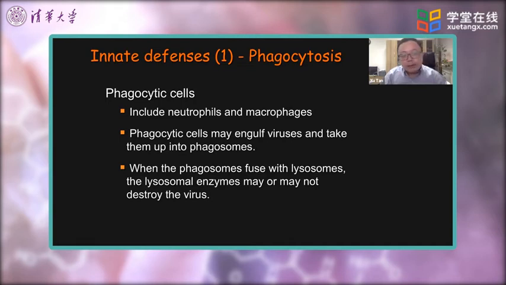But in certain cases, the digestion might not completely destroy the viruses, which means the phagocytic cells can sometimes become carriers, even distributors, of those infected viruses.